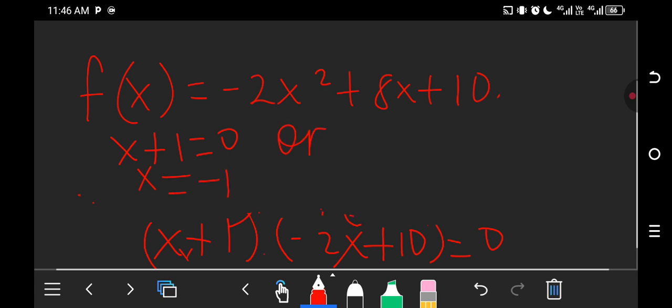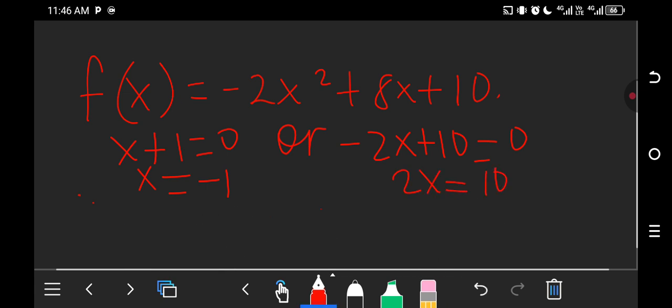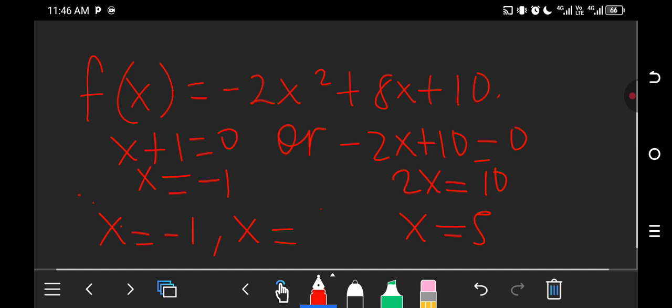Or for this one, negative 2x plus 10 is equal to 0, I'll get 2x is equal to 10. If I divide on both sides by 2, I'll simply get x is equal to 5. So the x-intercepts are x is equal to negative 1 and x is equal to 5.